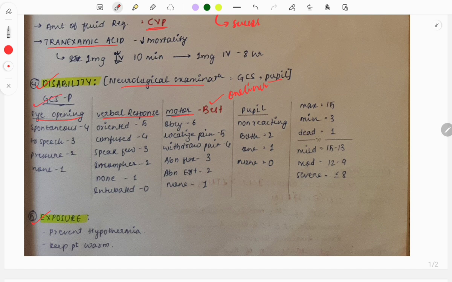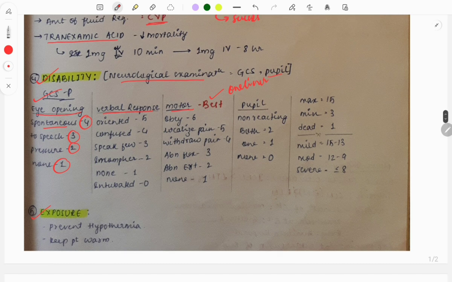Like if the patient is opening eyes spontaneously, then we will be giving him a mark of 4. If he is opening his eyes to speech, then a mark of 3. To pressure 2, and no activity, then we will be giving him 1. So likewise for the verbal response also we will be giving points, and for motor also. Okay.